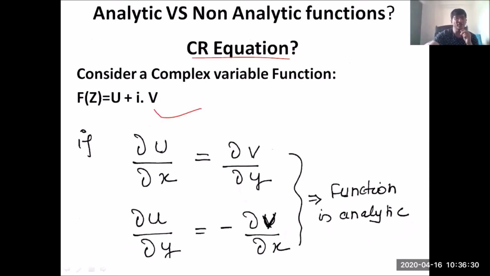First, the derivative of u with respect to x must be equal to the derivative of v with respect to y. And the second requirement is that the derivative of u with respect to y should be equal to the negative of the derivative of v with respect to x. So if any given complex variable function satisfies the CR equation, then we can talk about the analyticity of that function, and we would start calling it an analytic function.